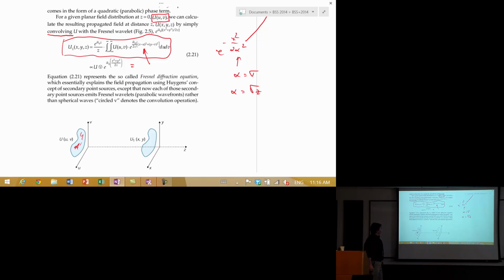And what do we notice? You get the Z's in front, no X and Y dependence. And then the X and Y dependence is simply a convolution between this and that Gaussian. And this is my sign for convolution because it has a V in it, it's a V circle. So it is the input U convolved with the Fresnel kernel, with the Gaussian kernel.